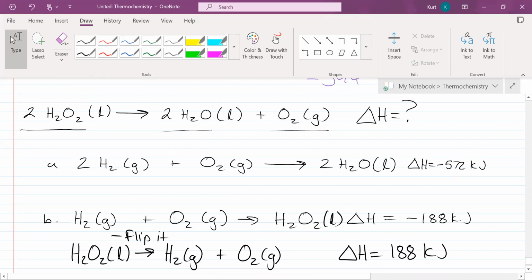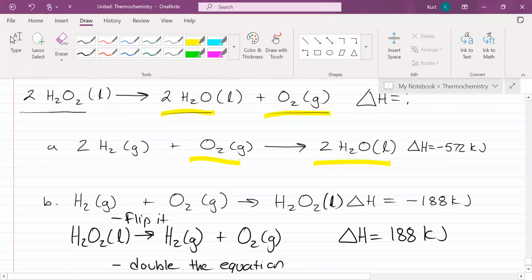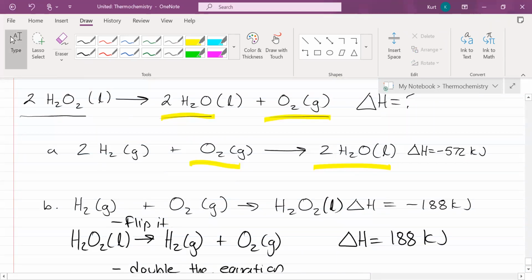Let's see here. What parts do our main equation and equation A have in common? Like, what substances do they have in common? O2 and H2O. They have O2 and they have H2O. Okay. Where is H2O on the main equation?